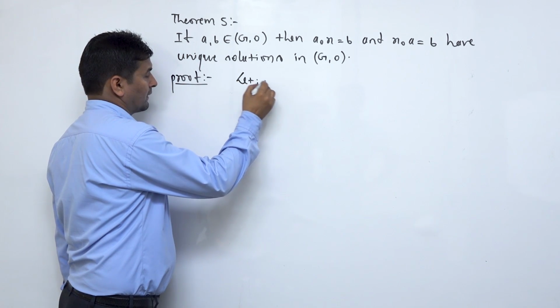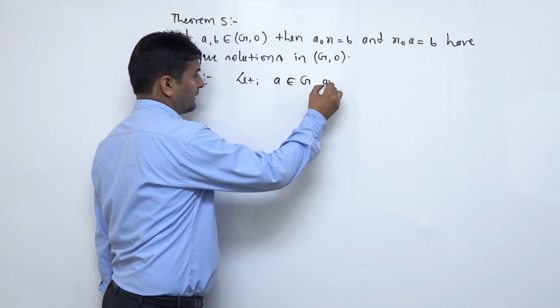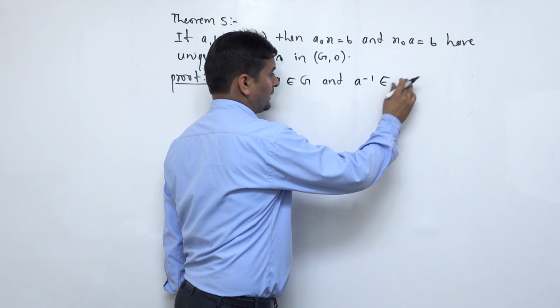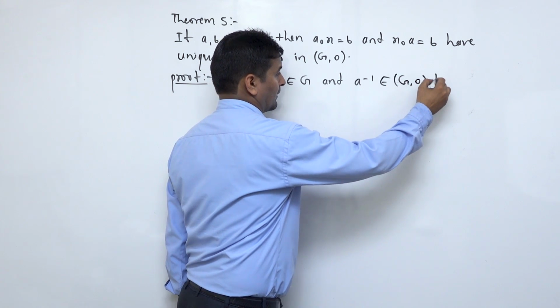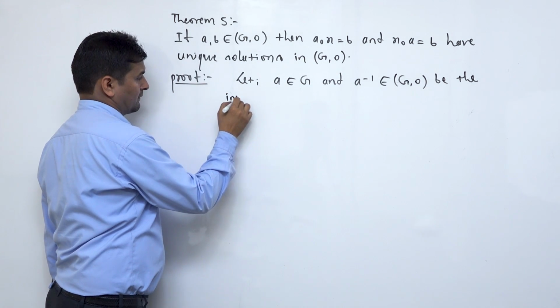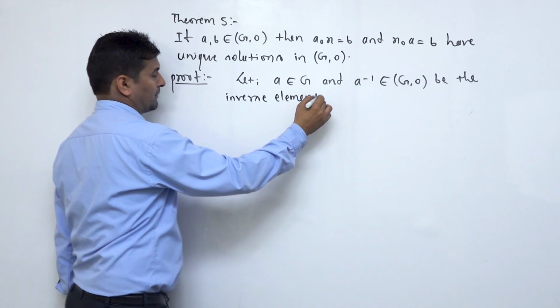Let a belong to G and a inverse belong to G, not, be the inverse element of a.